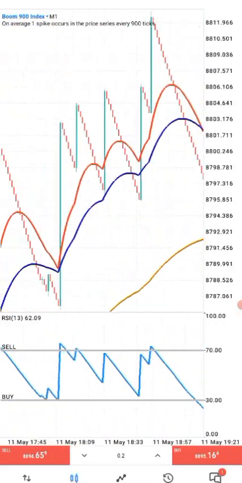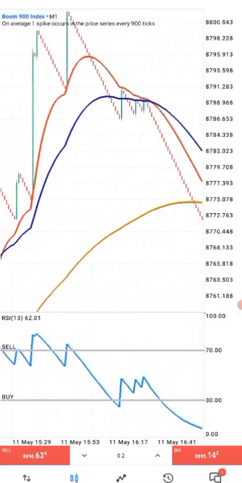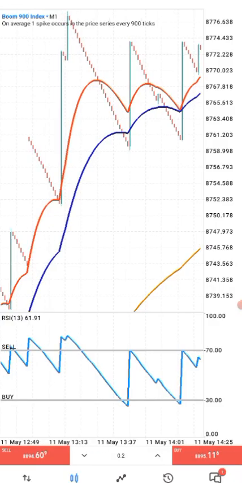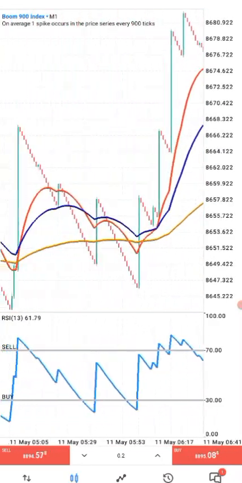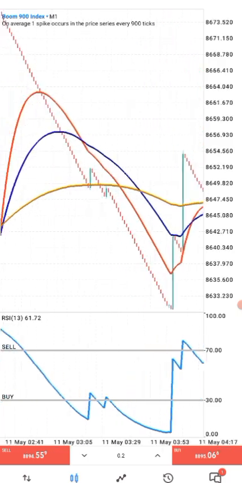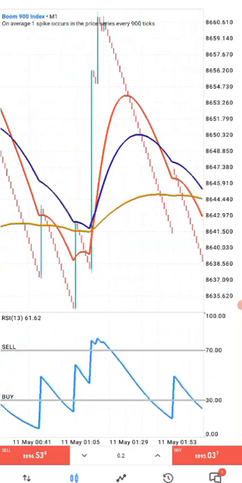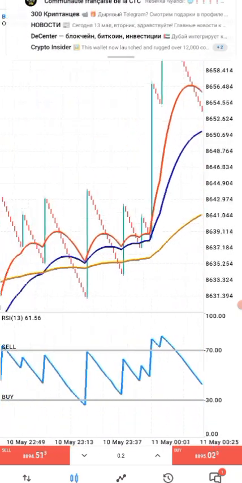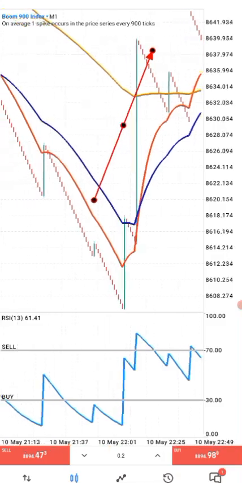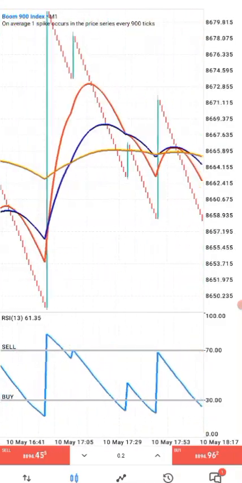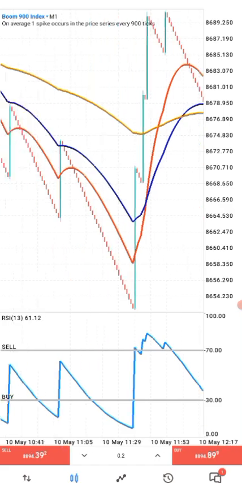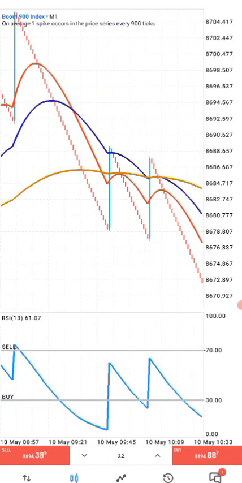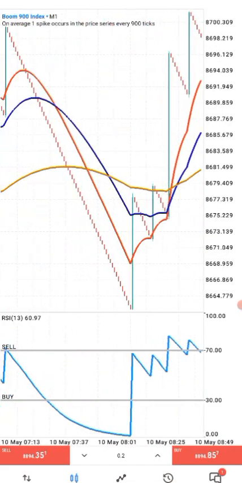Let's look at another gap strategy again, if we can get another gap. It must move beyond the previous low or high. So what it's doing is just to balance up the area.